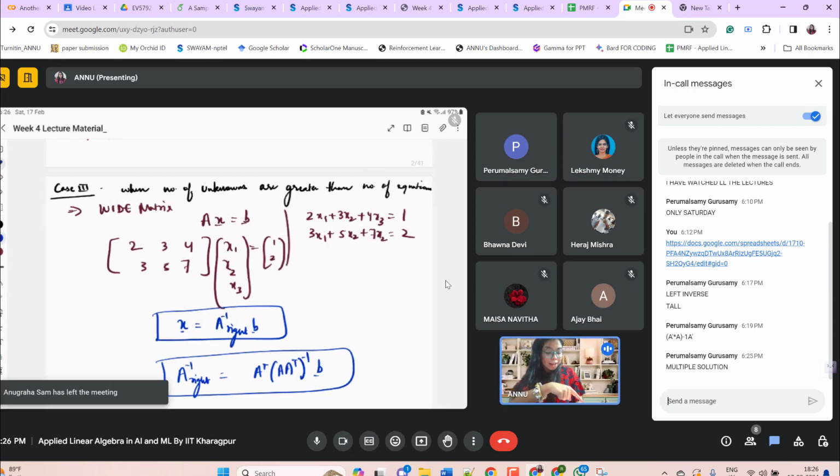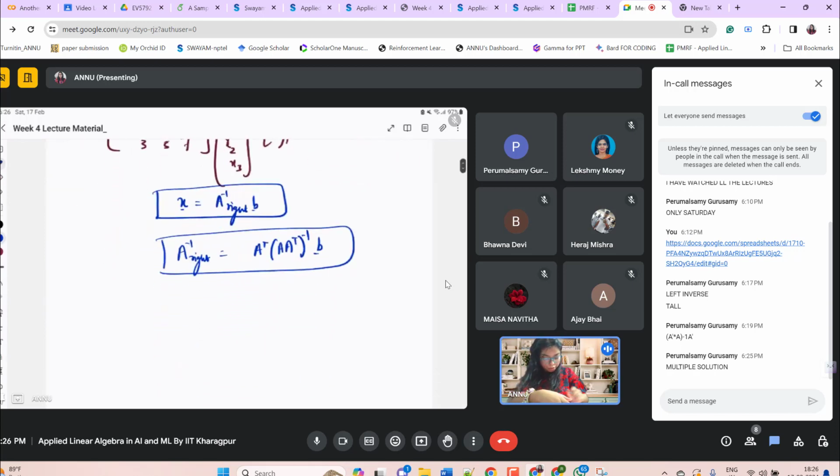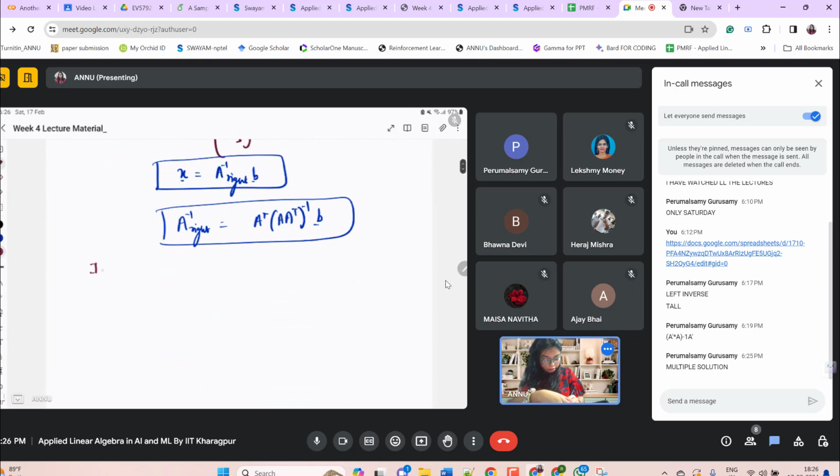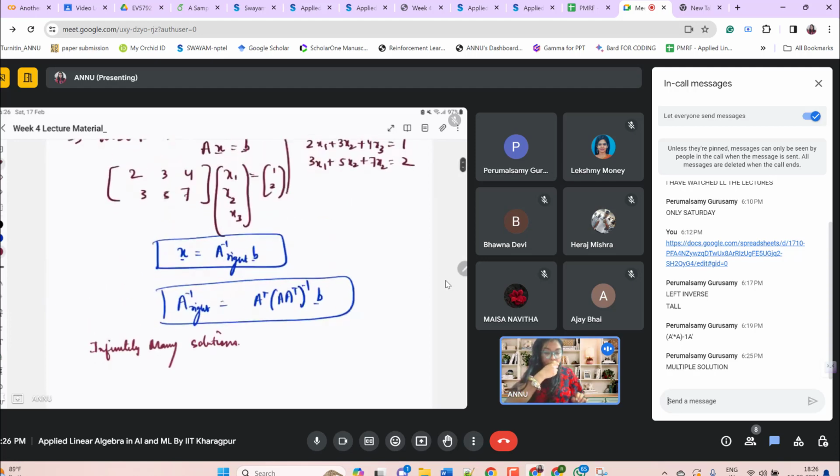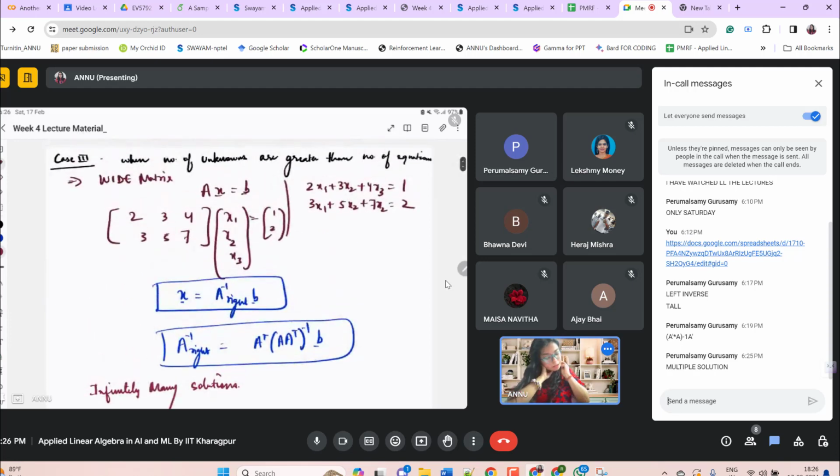Similarly, any value for x2, and solve for x1 and x3. So you will have infinitely many solutions. The right inverse gives you infinitely many solutions.